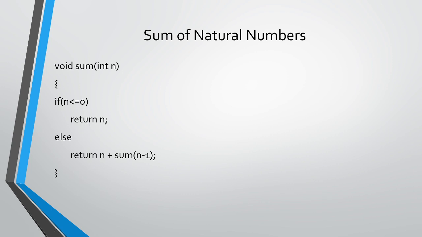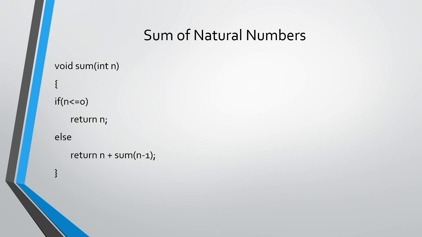It's a special type of memory where the information is stored in the last in first out model. What is meant by last in first out? Suppose I am inserting four variables.